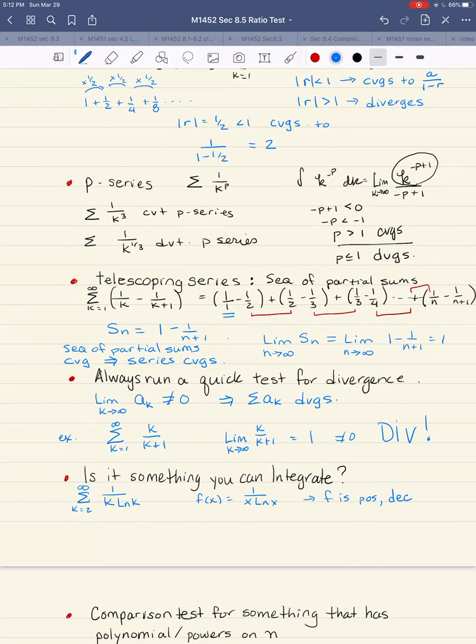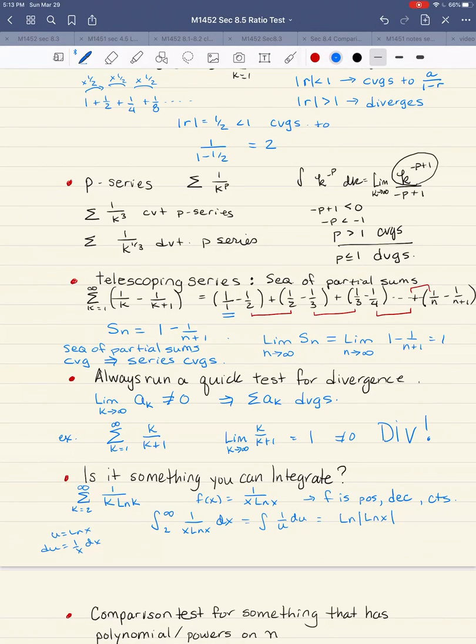It is decreasing, since as x and log of x grow on the bottom, the fraction gets smaller and smaller, and it is continuous. And then we look at the integral from 2 to infinity, 1 over x ln x, and the series does whatever the integral does. This integral, you take u to be the natural log of x, du is 1 over x dx, so we're just integrating 1 over u du.